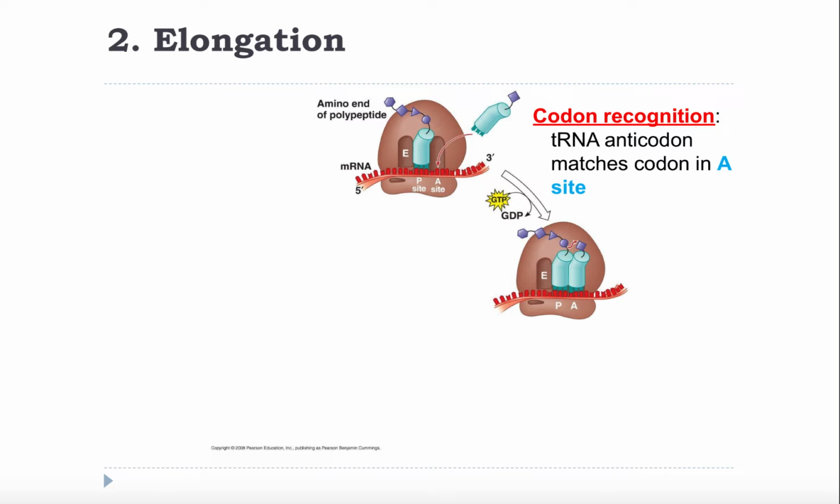Okay, then elongation happens. As the ribosome slides down the mRNA one codon at a time, a new tRNA with the amino acid that is next wanted in the sequence is going to hook onto the A site.